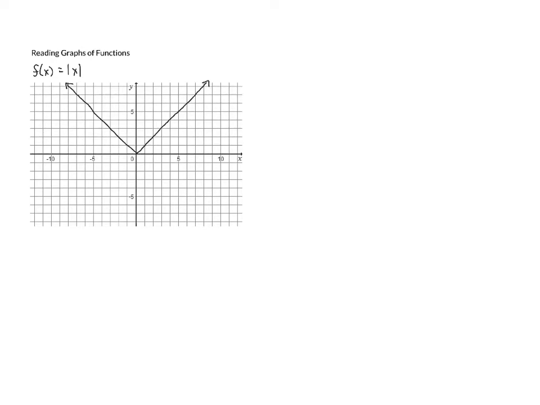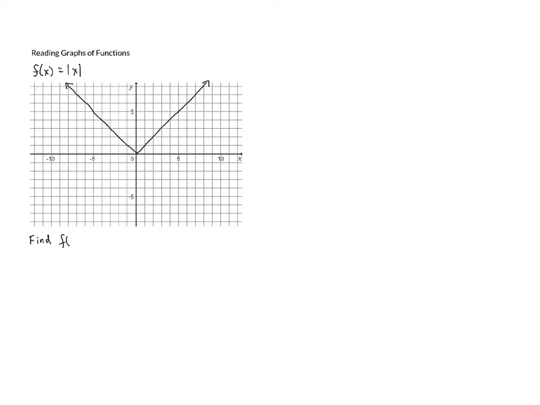We're going to use this graph to figure some things out about the function. We are not going to use the equation for the function, and in fact, we're going to pretend we don't even know that this is f of x equals the absolute value of x. So let's answer some questions about this function.